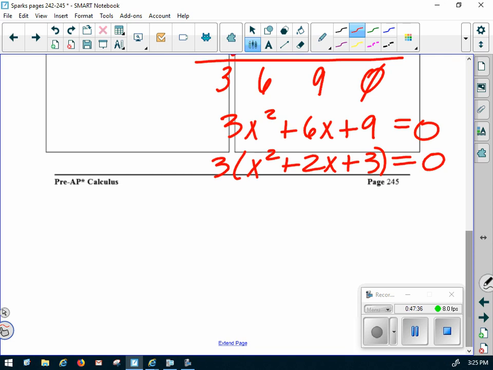Will it factor? No. No, if it was a -3, it would. I could complete the square because you all remember how. What do I do with this 3 right here? I could move it to the other side of the equation by dividing both sides by it, which means 0 divided by 3 is just 0, right? So all I have to worry about is this x squared plus 2x plus 3.